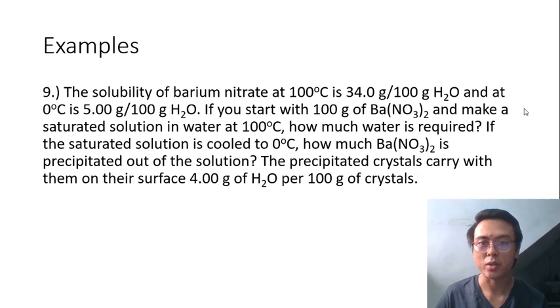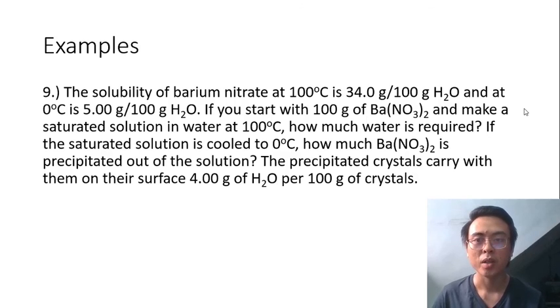If the saturated solution is cooled to 0 degrees Celsius, how much barium nitrate is precipitated out of the solution? The precipitated crystals carry with them on their surface 4 grams of water per 100 grams of crystals. So this is the same as our previous example in KCl. So number 9 here would be number 2 in your problem set number 2.